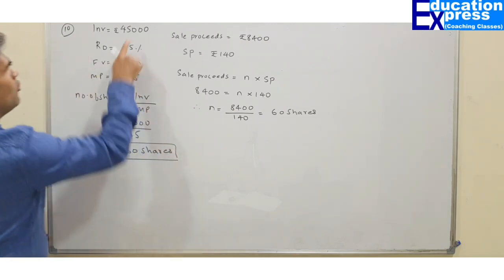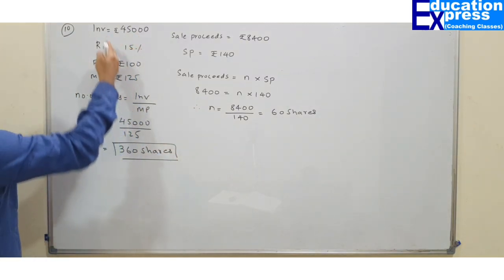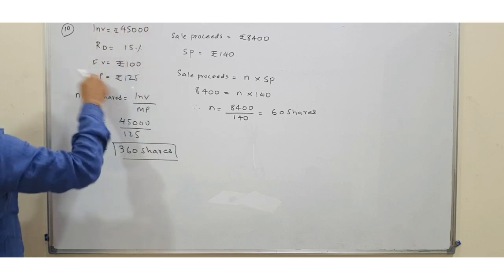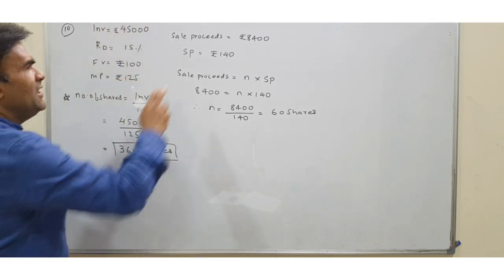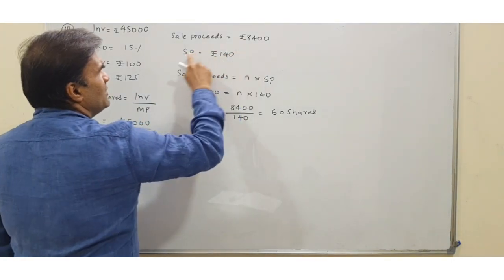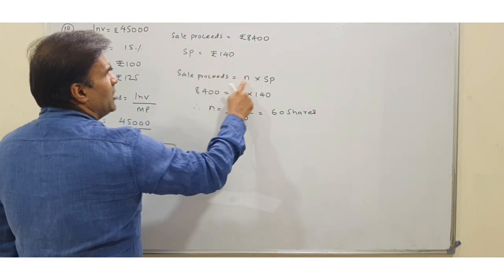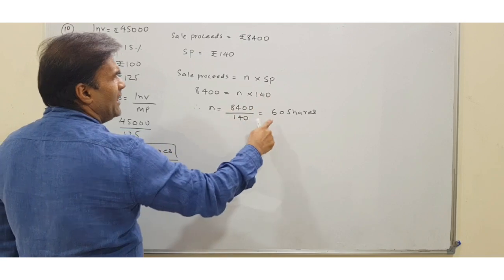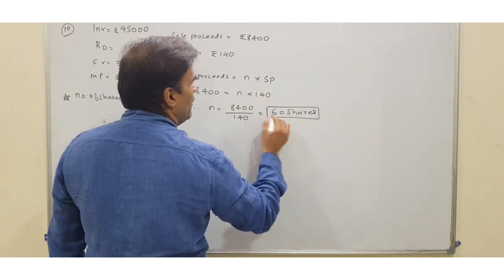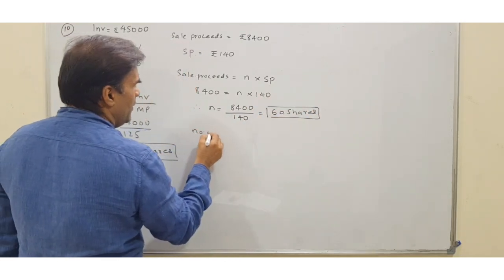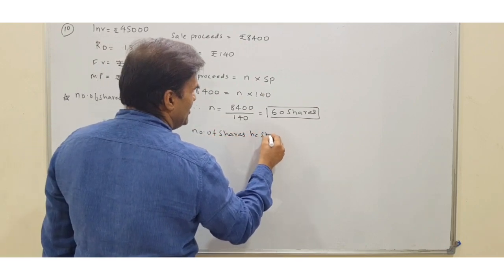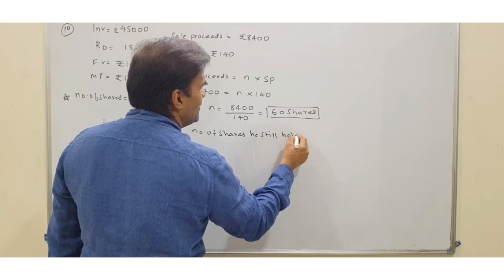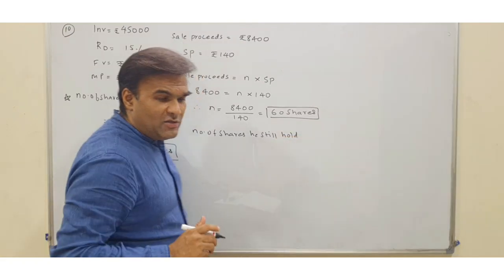So the man was holding 360 shares. I found this out: number of shares 360. Sale proceeds 8,400, selling price 140. You can apply the formula and get 60 shares sold. So how many shares will he still hold?